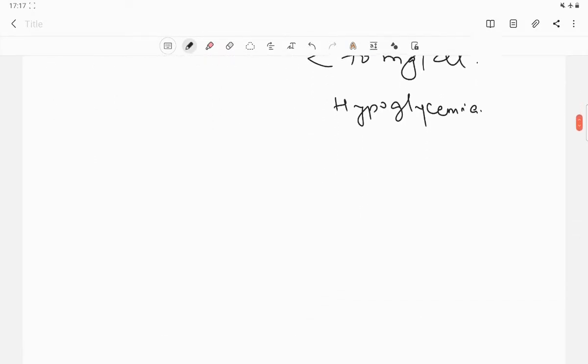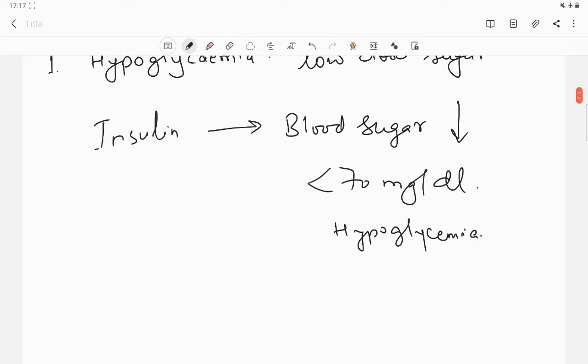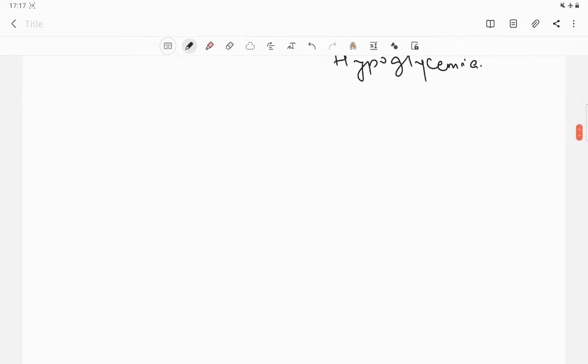Now, talking about why this occurs. If insulin has been given to a diabetic to reduce blood sugar, it is therapeutic, so why does this adverse effect of hypoglycemia occur? There are some reasons. First of all, it is more commonly seen in patients with labile diabetes. What does this mean?